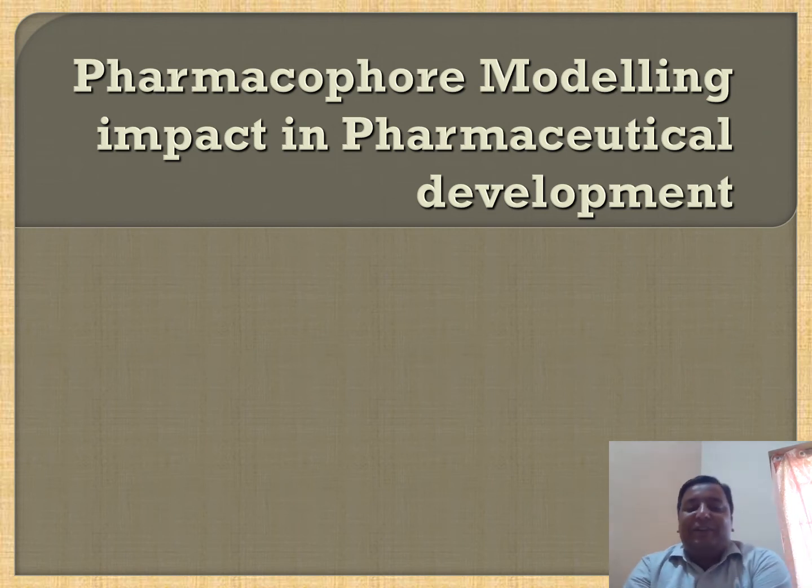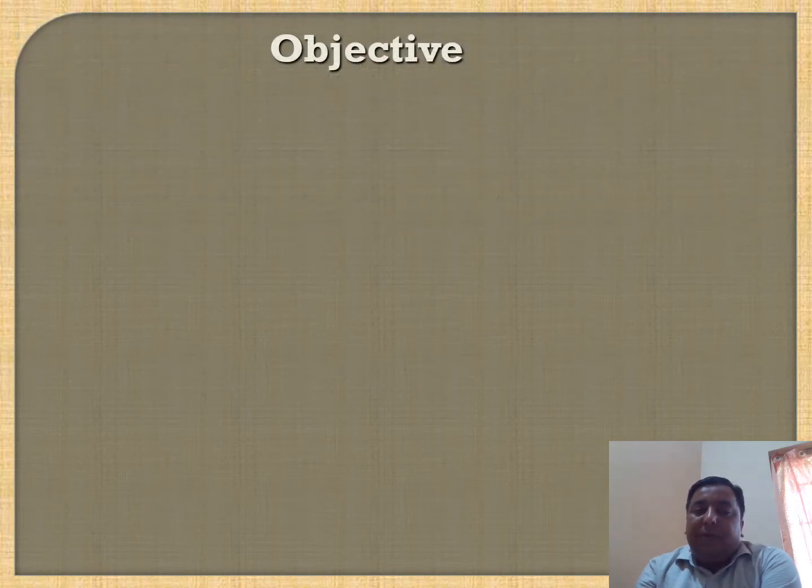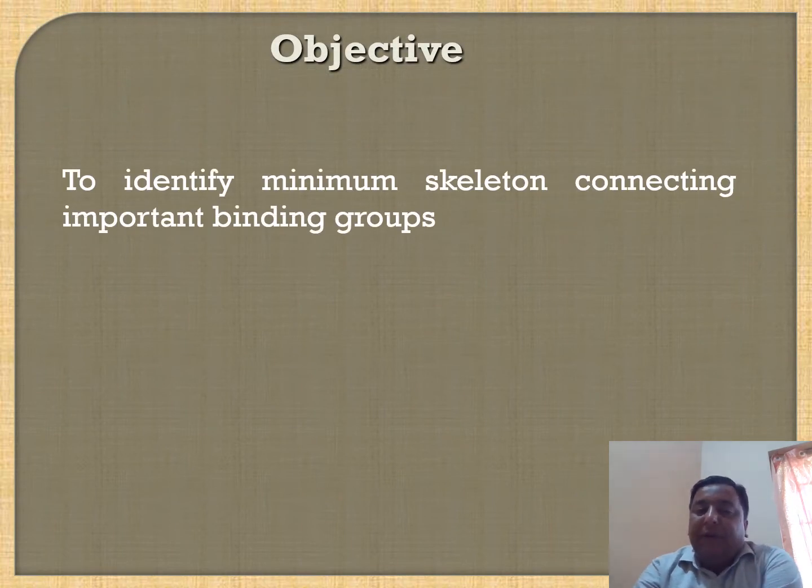Hi friends, today we'll be talking about pharmacophore modeling and its impact in pharmaceutical development. The objective of this study is to identify the minimum structural features which connect the important binding groups.